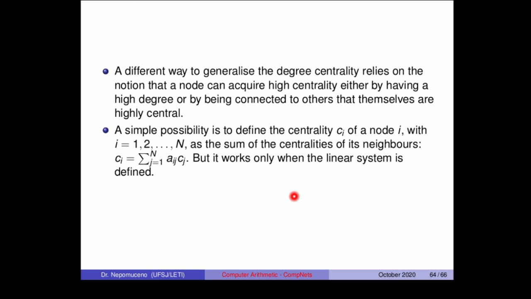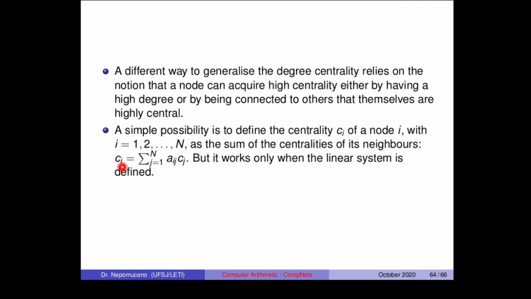A different way to generalize the degree centrality relies on the notion that a node can acquire higher centrality either by having a high degree or by being connected to others that themselves are highly central. A simple possibility is to define the centrality c_i of a node i, with i from 1 to n, as the sum of centralities of its neighbors.